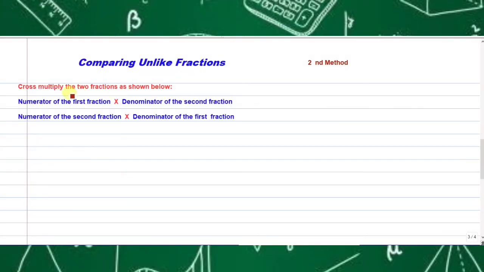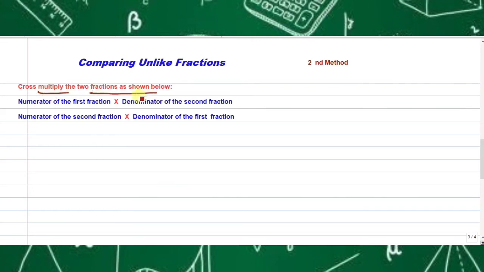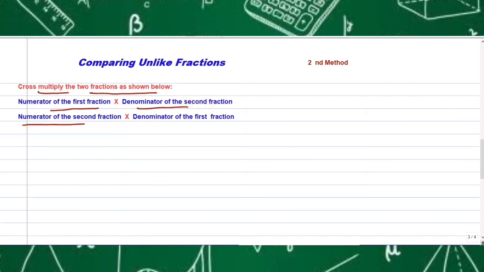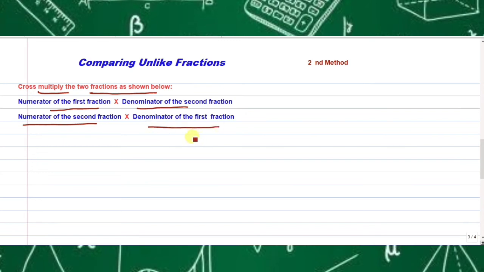Second method, what you have to do is cross multiply. Cross multiply the two fractions as shown below. First, the numerator of the first fraction multiplied by the denominator of the second fraction, and the numerator of the second fraction multiplied by the denominator of the first fraction.